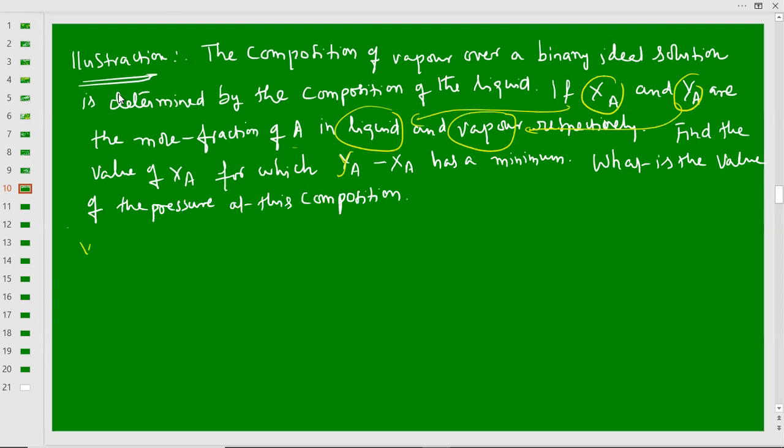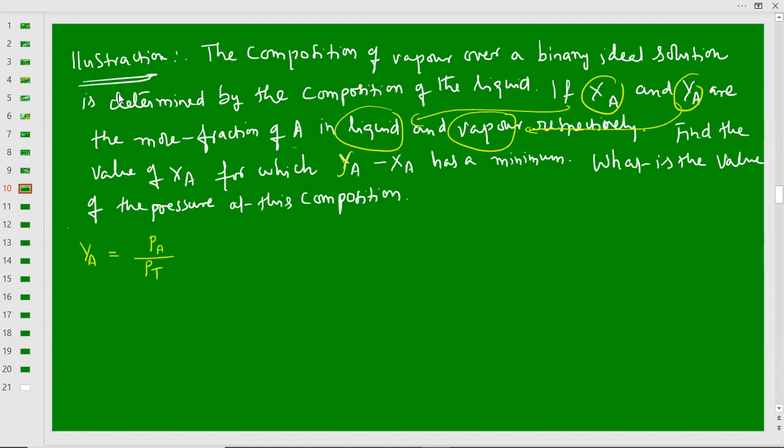We know the mole fraction of A in the vapor phase, from Dalton's law, is nothing but the partial pressure of A divided by the total pressure.